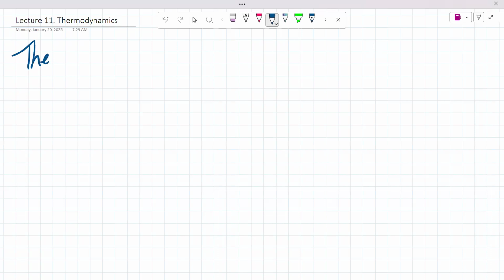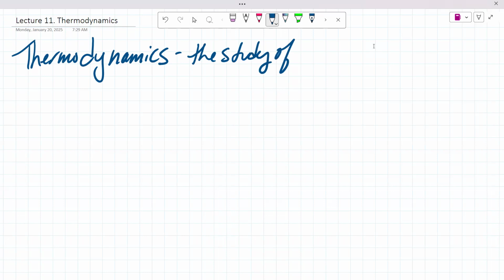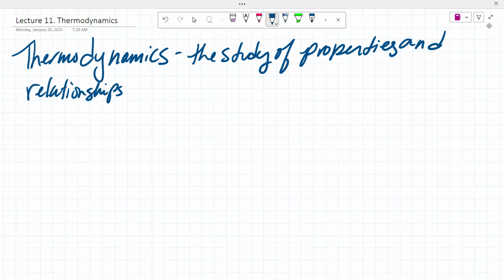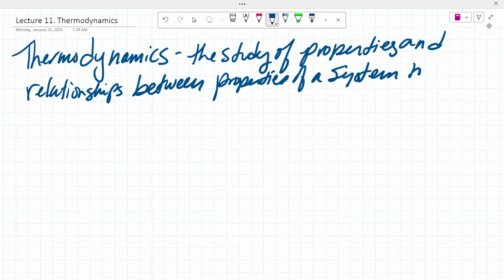What is thermodynamics? Thermodynamics is the study of properties and relationships, properties of the system in equilibrium.